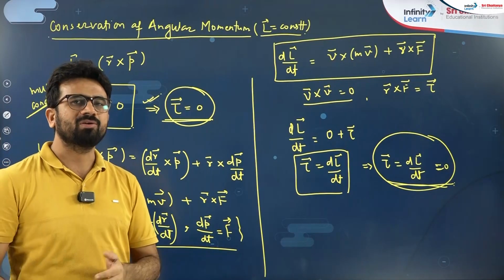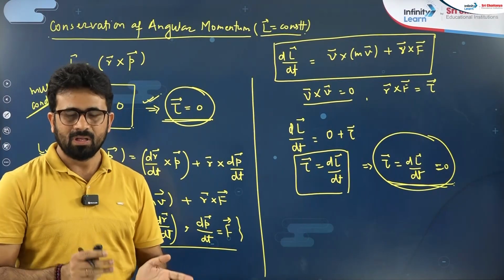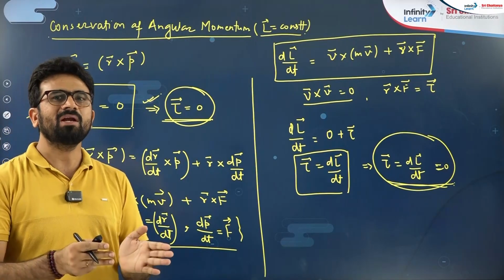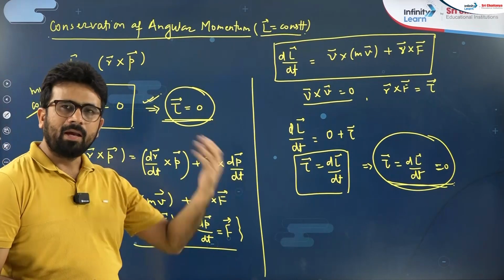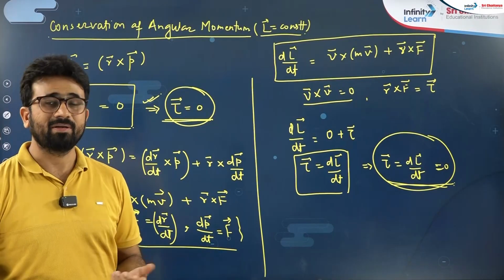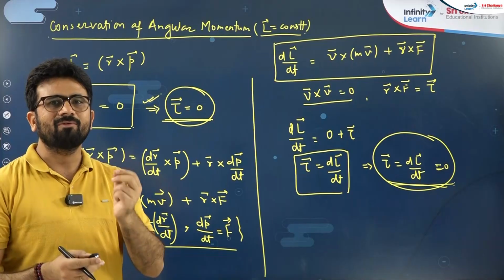It is also the rotational analog of inertia, which we call mass. Mass is actually the inertia of translational motion. Similarly, in rotation, I is the analog of inertia. And I is defined as mr square for a single particle.